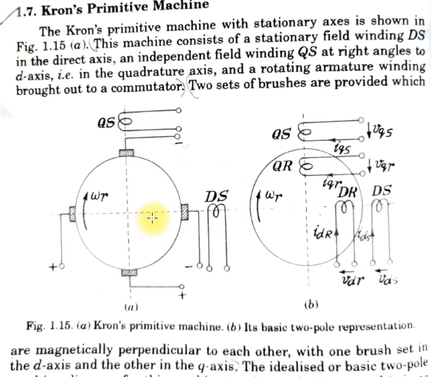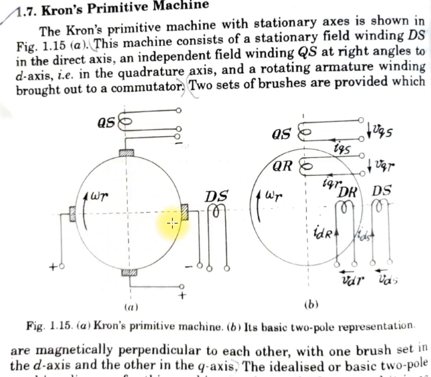We can see that there are four brushes, or you can say two pairs of brushes. This is one pair and this is the second pair. The interesting thing is both sets of brushes are perpendicular to each other.